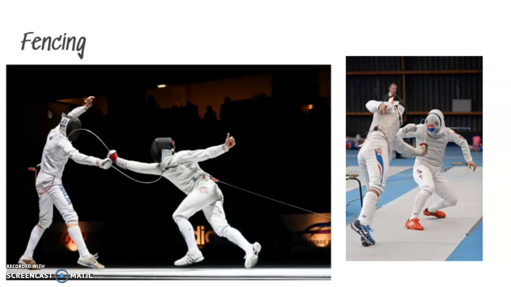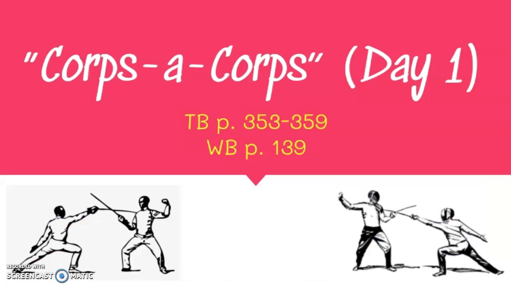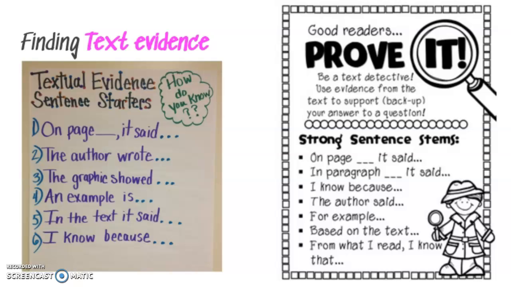So we are going to be reading the first part of it, pages 353 to 359, and completing a short workbook page exercise, page 139, about setting and finding text evidence to support our answers. So when we're finding text evidence, it's useful to have a list of sentence starters, to basically prove that our answer is correct.